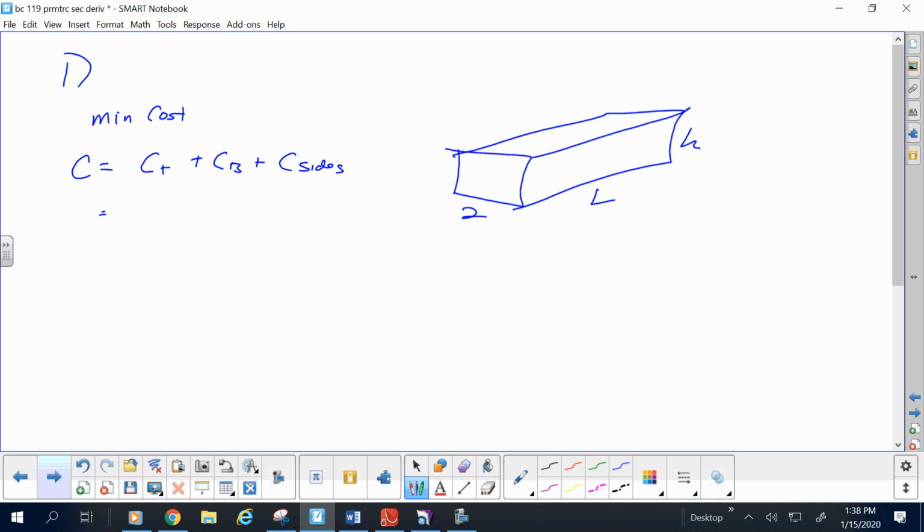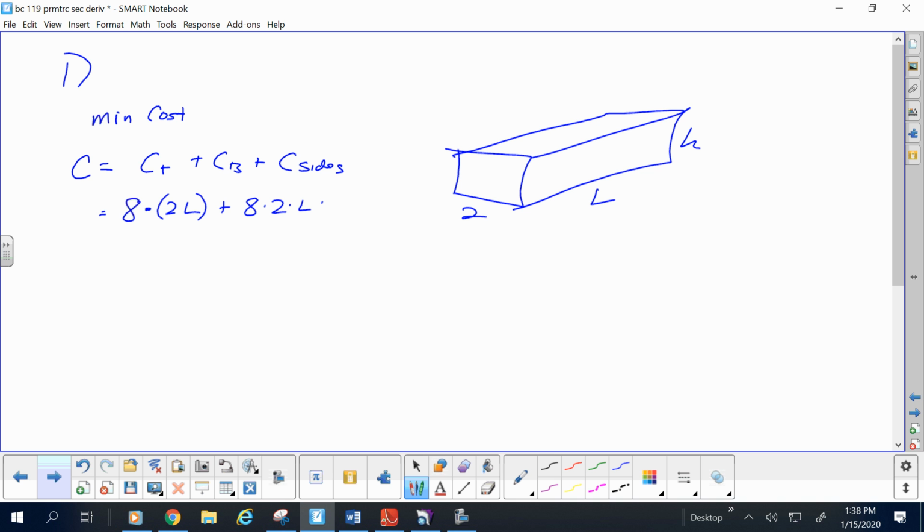2L and H. There are 2 things that go into the cost of the top. There's the top and bottom being $8 per square meter, but I would then have to find how many square meters, right? How many square meters to the top? 2L. The bottom is the same, so it is also 8 times 2L.